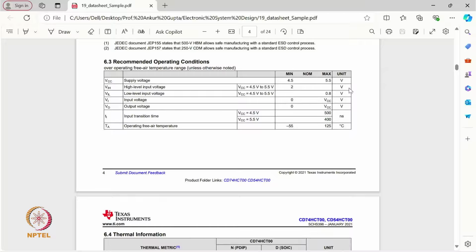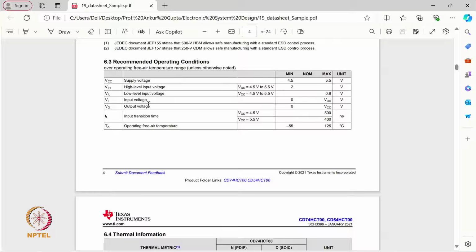High level input voltage should be 2 volt and the low level input voltage should be 0.8 volt. So, this is actually the VIH and VIL level. So, 0 to 0.8, that logic level will be detected as low, and the VIH level is minimum 2 volt.